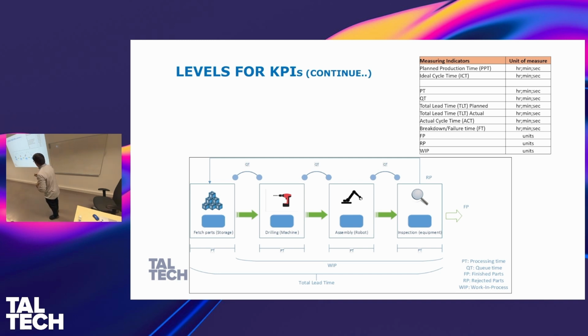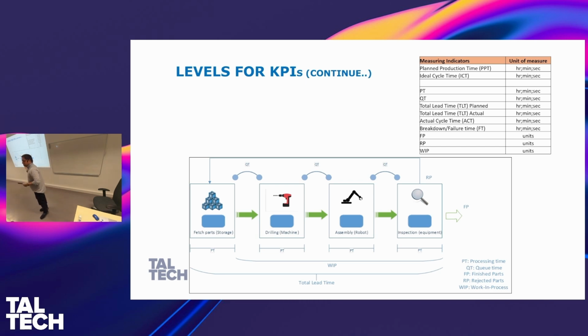Then we also need to keep in mind the queue time, like idle time, which should be taken into account. So how do I calculate this process time, and what is the difference with the queue time or the waiting time, which must be separated and analyzed separately. Then we have finished parts and rejected parts, which are connected with inventories or also work in process. Such a breakup we can make.